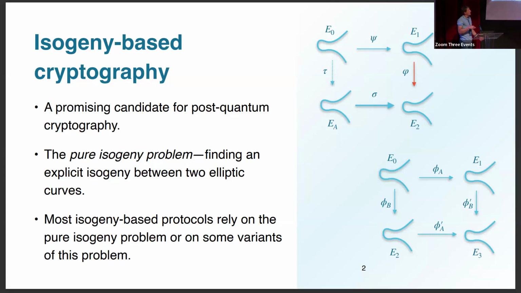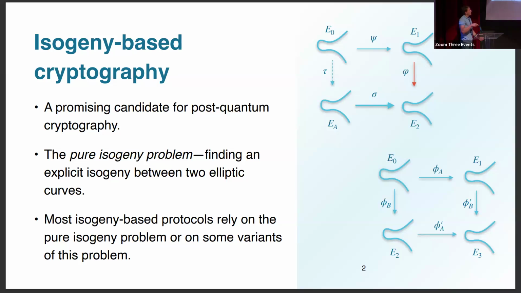Another example, which you are most probably familiar with, is the supersingular elliptic curve version of Diffie-Hellman, where the idea is to use the j-invariant of this curve as a shared secret key.